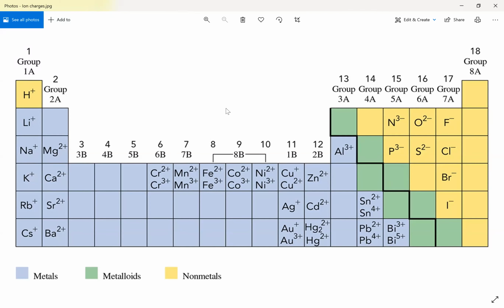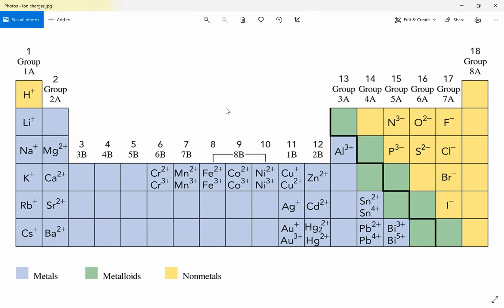It can exist as +2, or it could be +3. The next one is manganese, Mn. Again, it could be +2 or it could be +3, right? That is the reason why we call it a transition element, because they carry more than one charge.